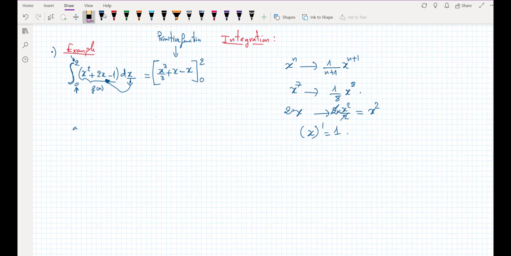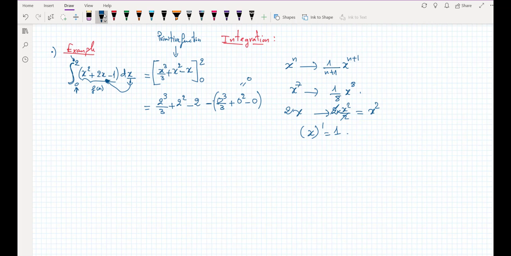So all we need to do now is calculate the difference between those two numbers. First of all, we replace x by 2 in all this function. So it's 2 cubed over 3 plus 2 squared minus 2, all of that minus 0 cubed over 3 plus 0 squared minus 0.